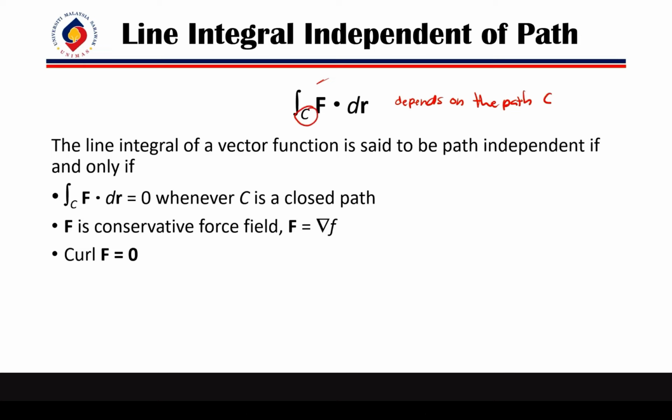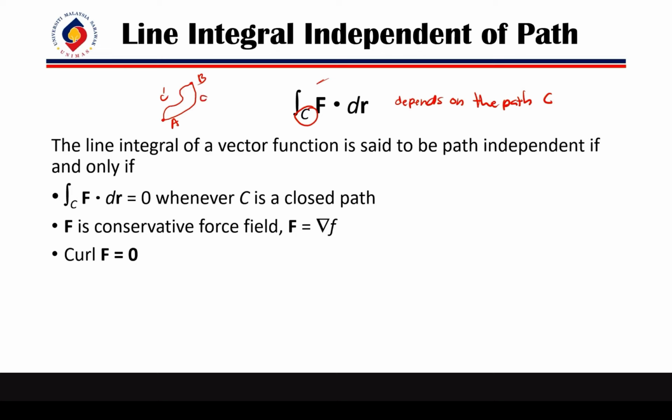Depends on the path C. So let's say we have point A here, and then we travel from point A to point B using this curve. Let's say this is C prime, and then we travel this way. Here we have C.